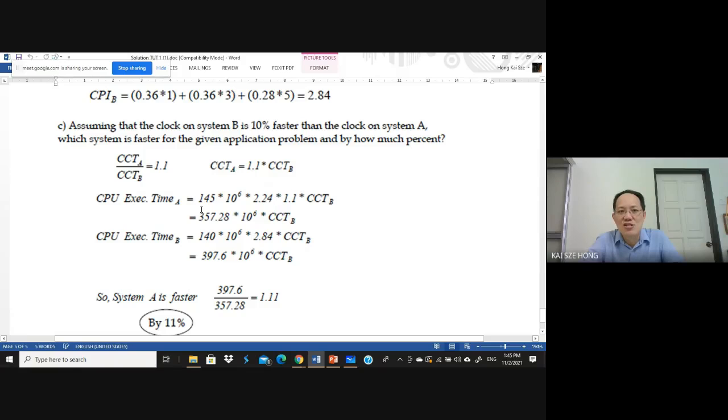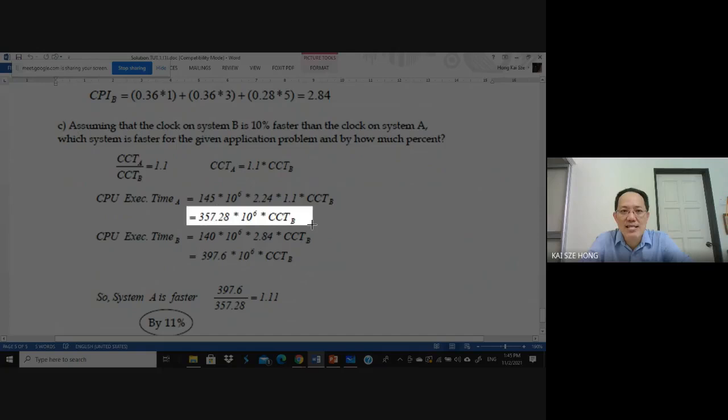So as such, the CPU execution time of A equals 1.145 multiplied by 10 to the power of 6, multiplied by 2.24, multiplied by 1.1. So you can see 1.1 over here. If you calculate it like this, you should get 3.357 million CCTB.